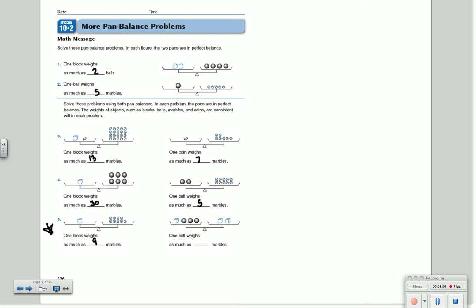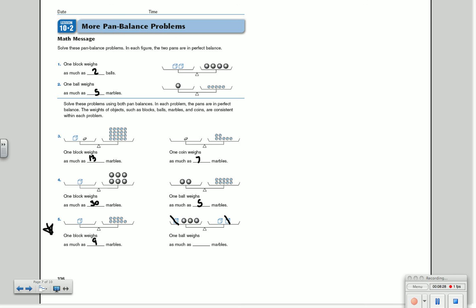In this next question, it's a little bit tougher, but not much. One thing I want you to note, if you have the same object on each side, you could just simply remove one object from each of the sides so that it's equal. So hopefully that makes sense. Like, look, I took a block off of each one of these sides, and now I'm left with 3 balls is the same thing as 1 block.